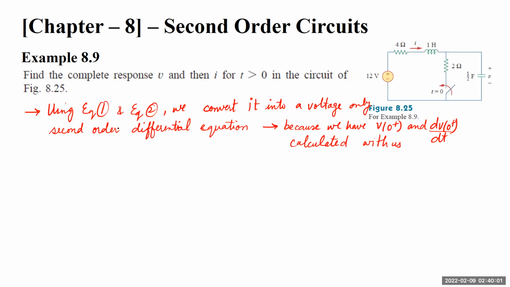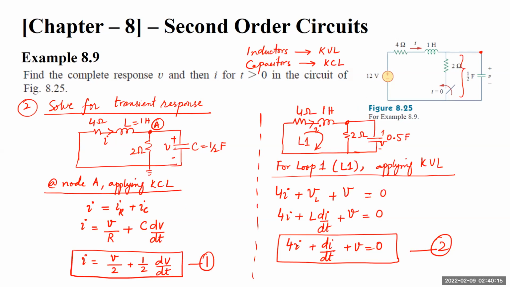So solving equation 1 and equation 2, or we can say put equation 1 in equation number 2. Wherever we have I, put the value of I into equation 2.